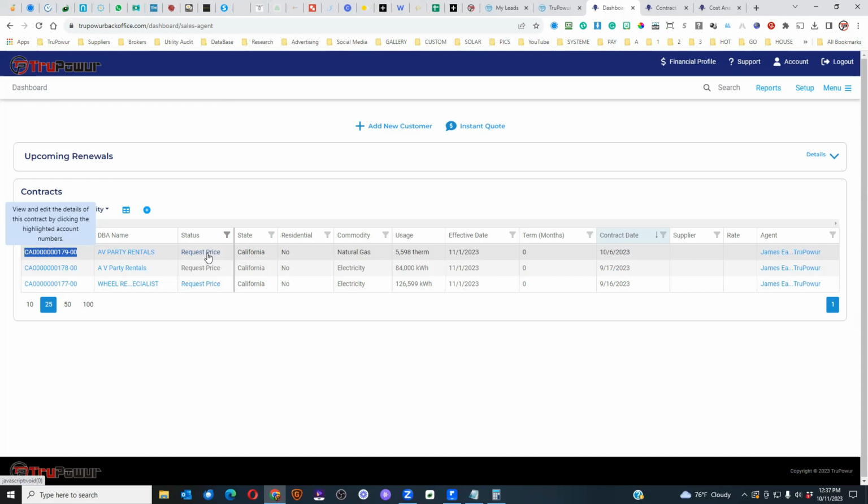It will send the supplier and you an email notification letting you know that you now have a signed contract. And the supplier will come in, verify everything is copacetic, and then they will sign off on it, and it will go from signed to completed. Once it's completed, then it is now a commissionable event and you can get paid on it.